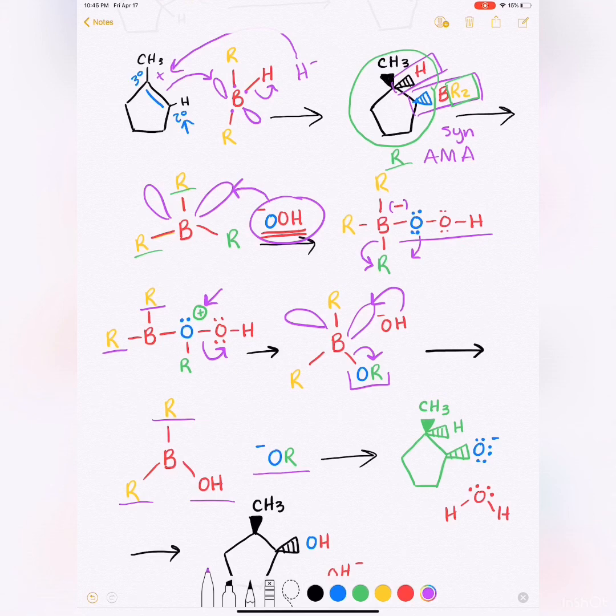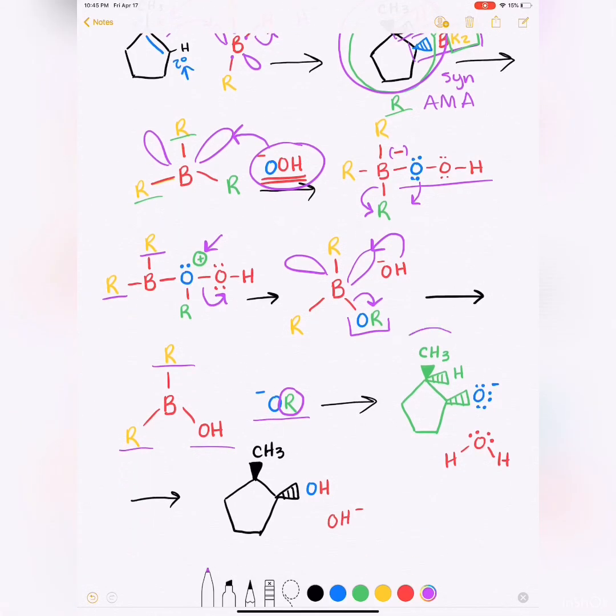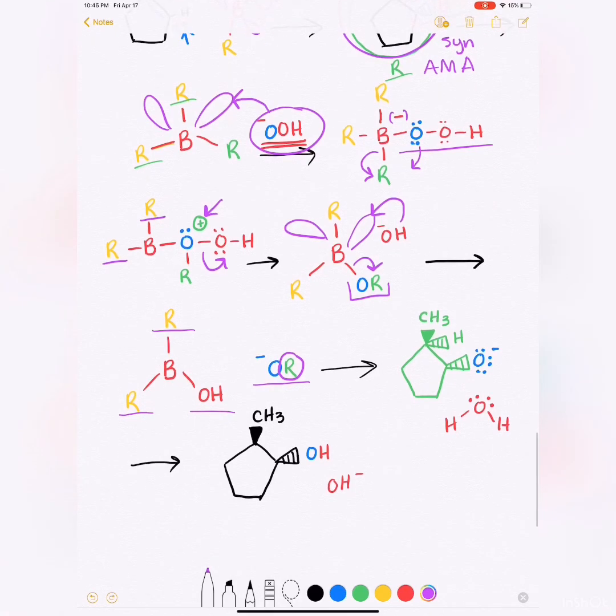Now, we're going to zoom back in. Do you remember this green R was this entire species? So if we zoom back in, we have this entire thing again as green R and an oxygen, which has a negative formal charge. Now we also have water in solution. And remember, we're under basic conditions.